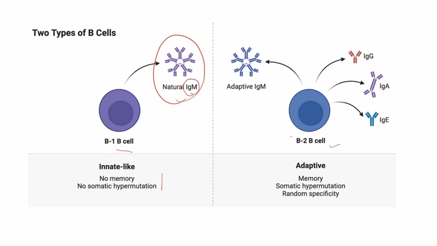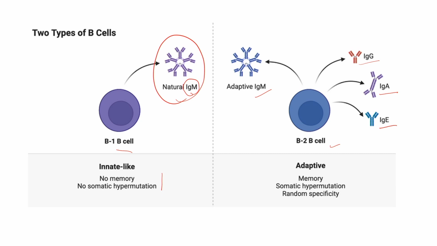And this one is called B2, which is producing different types of immunoglobulin, such as immunoglobulin G, immunoglobulin A, immunoglobulin E, and of course immunoglobulin M. And these are a part of the adaptive immune system, which are produced upon the exposure of antigen later in the lifetime or life cycle of an individual.